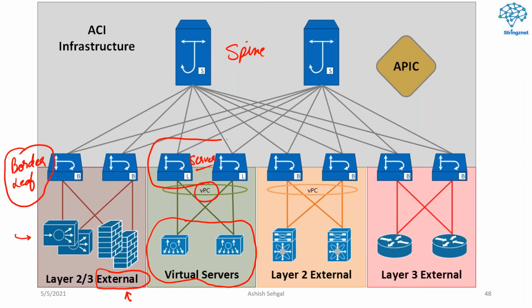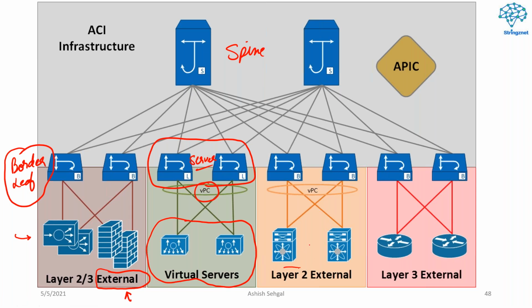VPC, wherein the leaf switches, that is one of our small labs, how to create VPC using 2 leaf switches. Similarly, our leaf switches could be connected to layer 2 external devices, as I have shown over here. Say these are the firewalls, load balancers.